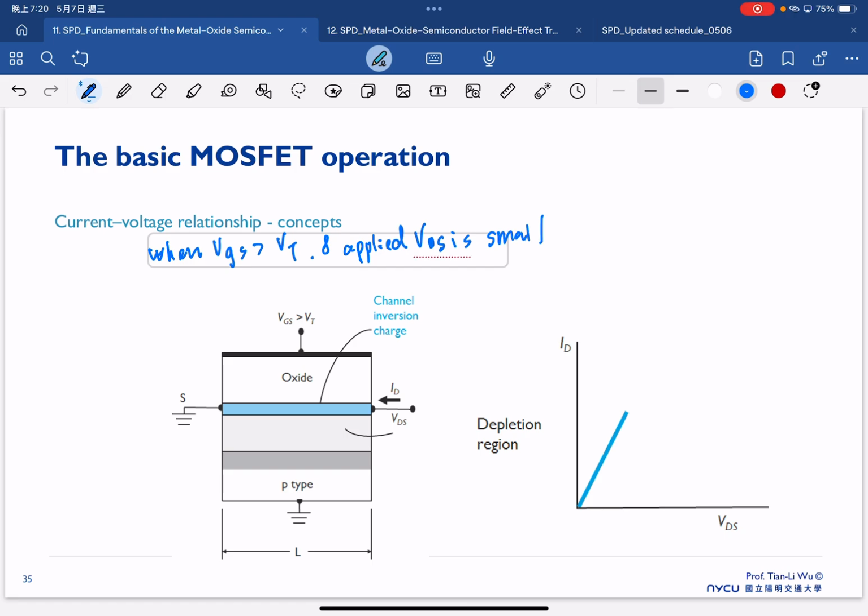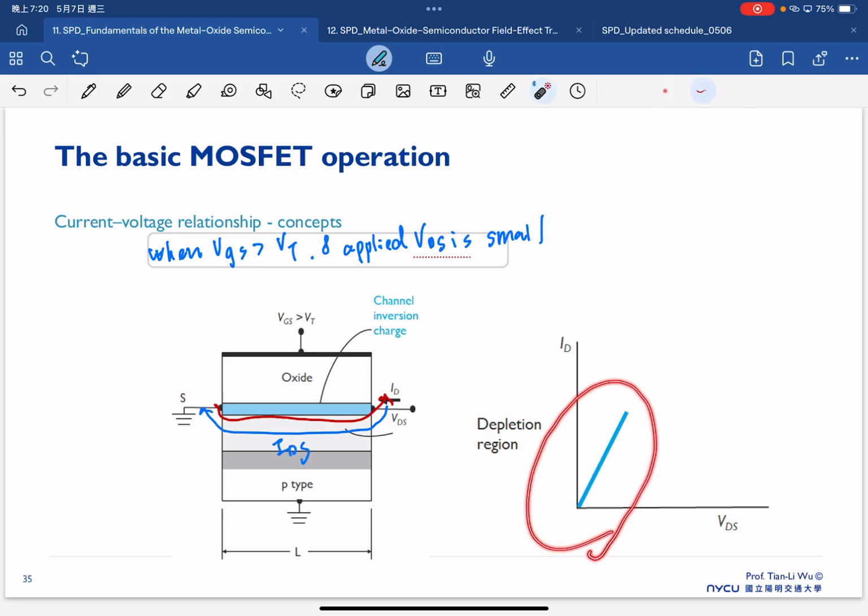So in this case, because our VDS is small, the depletion region on the drain side in this reverse PN junction doesn't influence our charge in the channel. So now we have this uniform channel under the gate oxide region. So with a small VDS, we have an electron flow to the right, also equal to the drain current flow to the left, and we have this linear characteristic.